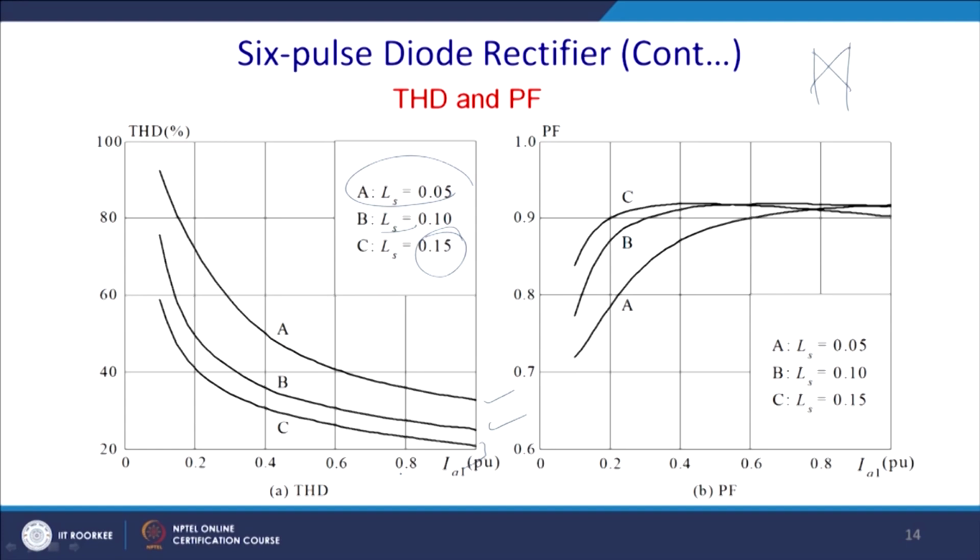On the other hand, at the low frequency, lower source inductance will give you a better power factor, but gradually as the load increases, that gives you better power factor. So, we can add source inductance, which is considered to be detrimental. It is not that detrimental considering the power quality problem.